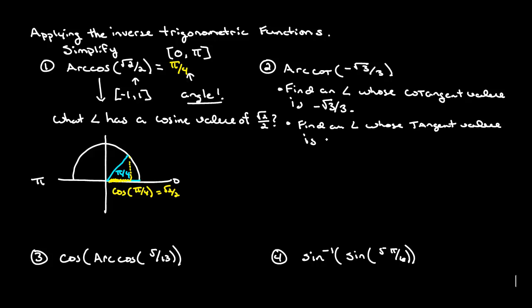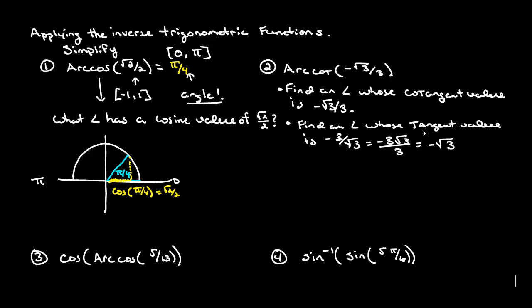So that would be negative 3 over the square root of 3, which when we rationalize the denominator, we would get negative 3 square roots of 3 over 3, which is just negative square root of 3.